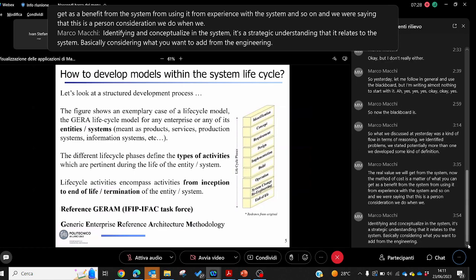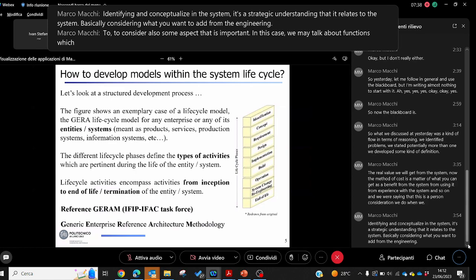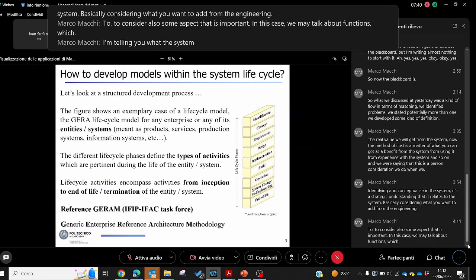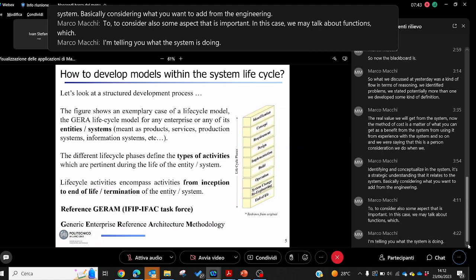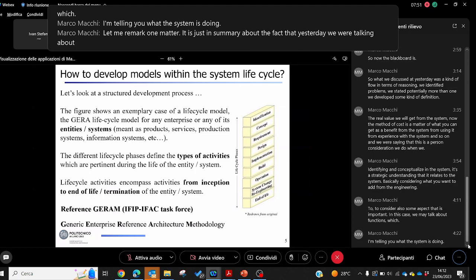To consider also some aspect that is important in this phase, we may talk about functions, which are telling you what the system is doing. Let me remark one matter, just in summary, about the fact that yesterday we were talking about boundaries, the definition of boundaries.